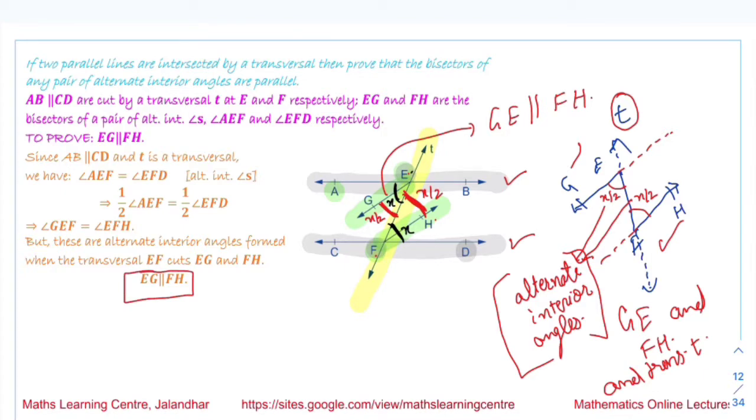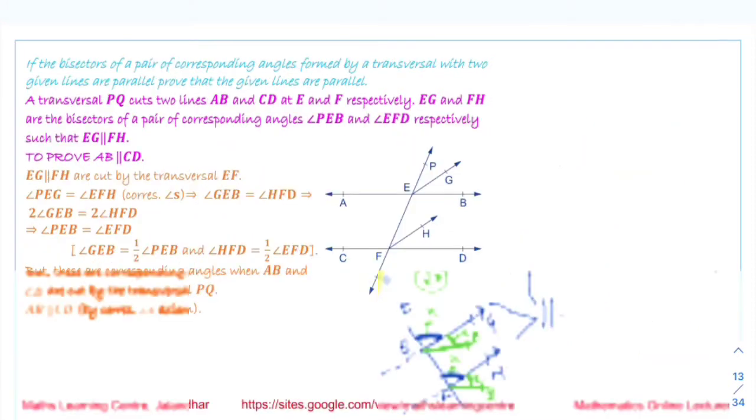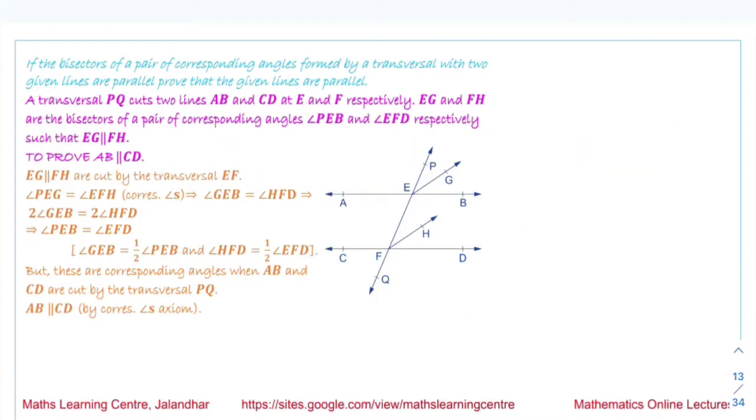Now in this next question, we are given two lines AB and CD, and a transversal is given to us. We are considering a pair of corresponding angles. Suppose these angles I am talking about over here are the corresponding angles, and these lines are the bisectors of the corresponding angles.